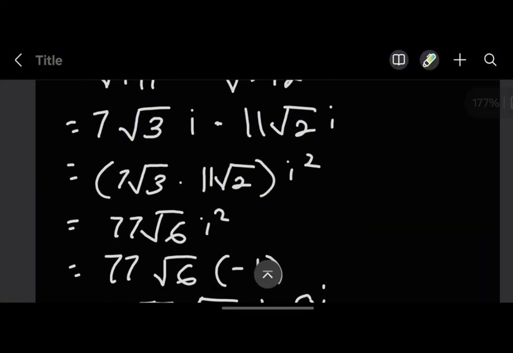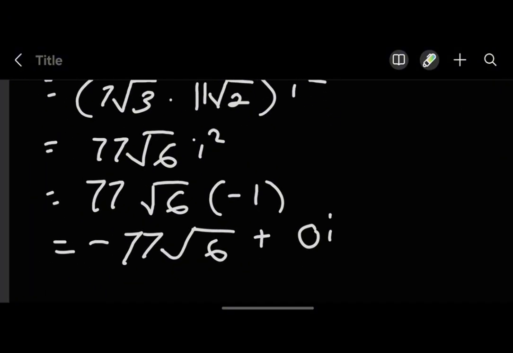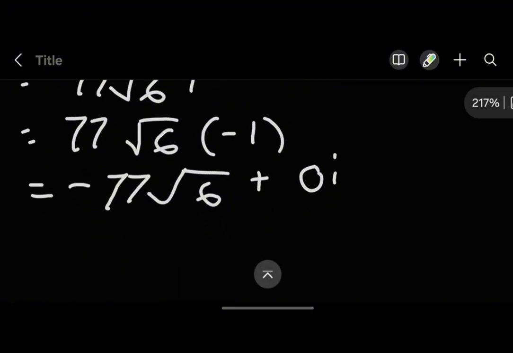Then we get 7 root 3 multiplied with 11 root 2, i to the power of 2, which is 77 root 6 i squared. And i squared is equal to -1, so we can write it as 77 root 6 multiplied with -1.